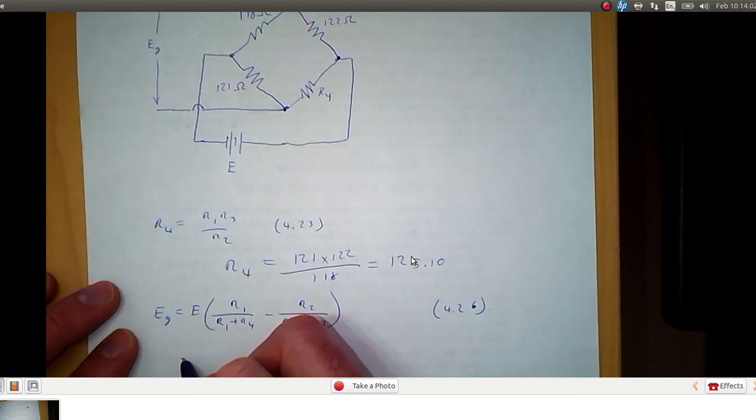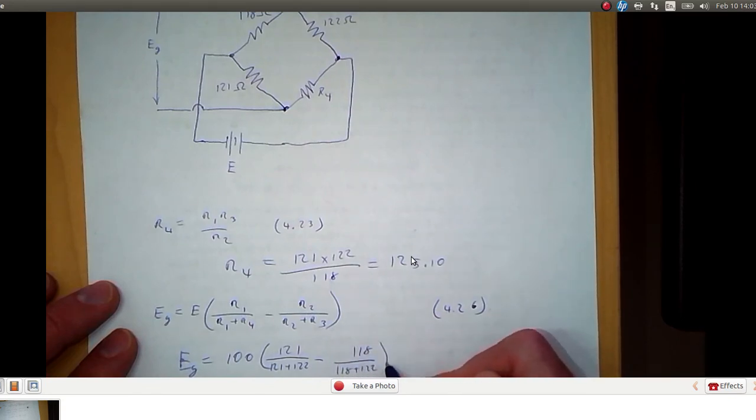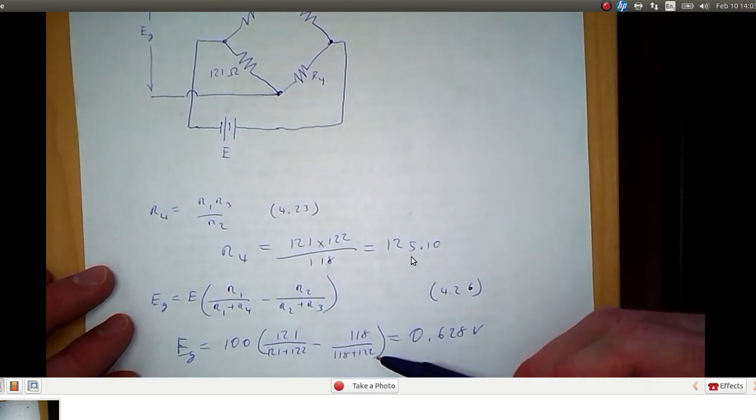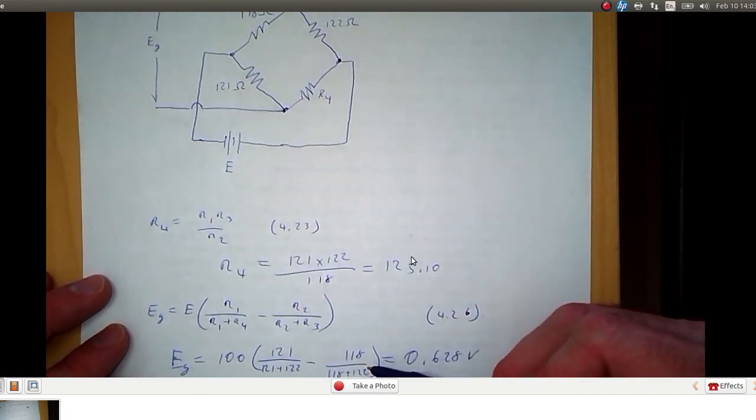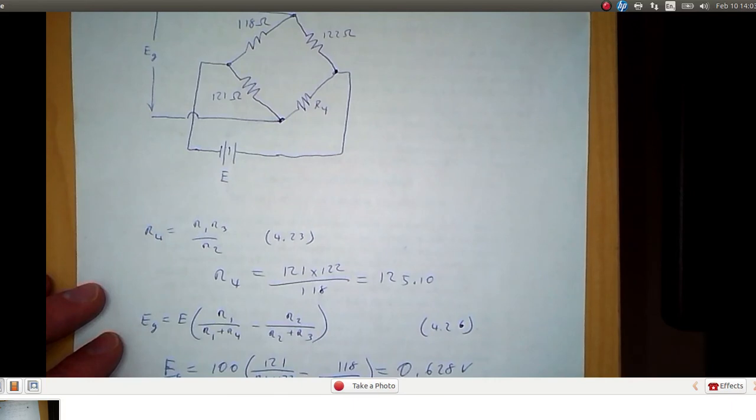We'll get that EG is 100 times 121 over the sum of 121 and 122 minus 118 over the sum of 118 and 122. And we end up with 0.628 volts. So if this R4 is 122 instead of 125, we will measure 0.628 volts instead of 0 like we would in a balanced case.